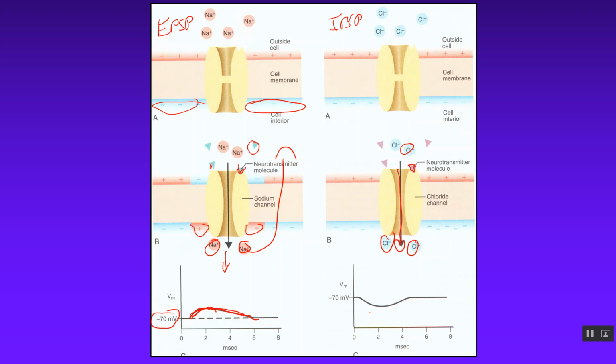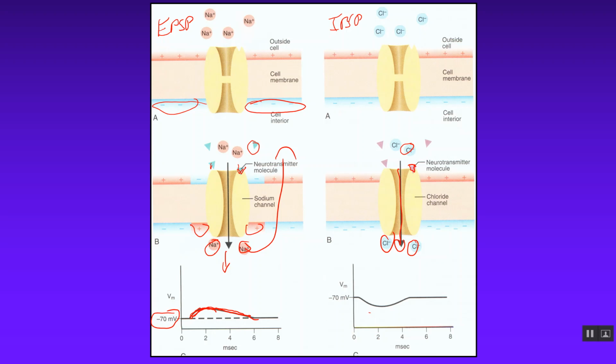If you get enough small local potentials that occur on the same neuron, close to each other at about the same time, then you might achieve enough depolarization of that cell to reach that minus 55 millivolts.